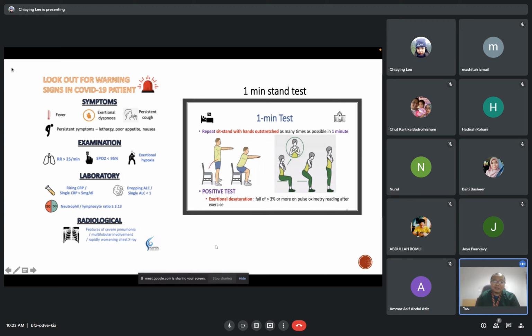Which patient shouldn't you perform the 1 minute test on? Patients that are ADL independent, able to sit and stand, and having SpO2 of more than 95 under room air, and we essentially don't do this test on pregnant women lah. Okay, so not all patients lah you buat this 1 minute test.